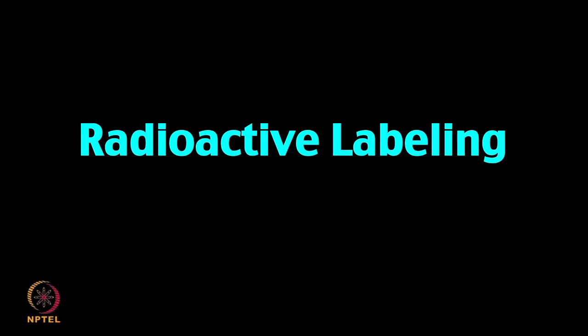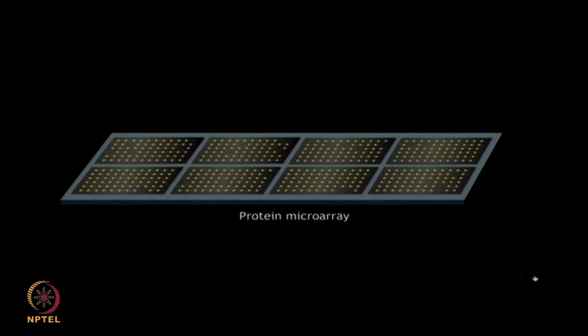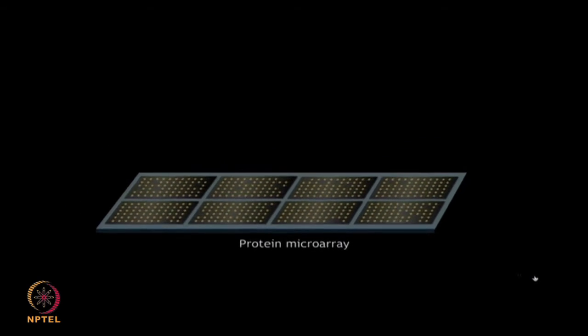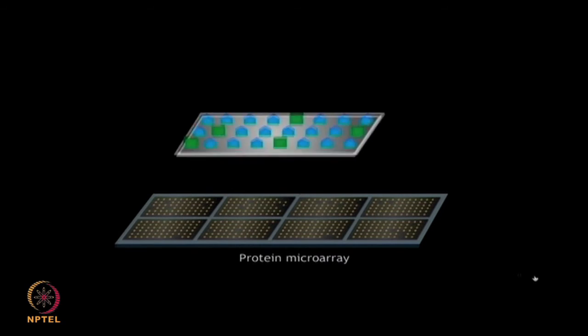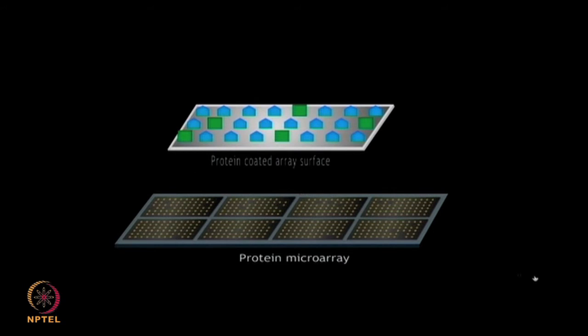Let me show you this animation on radioactivity detection system to give you a better understanding of how to use the radio labels for microarray based detection system. The array surface is coated with the protein mixture containing the target protein of interest.